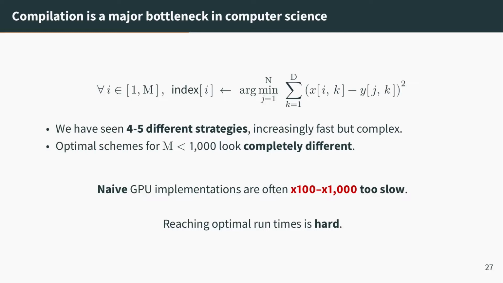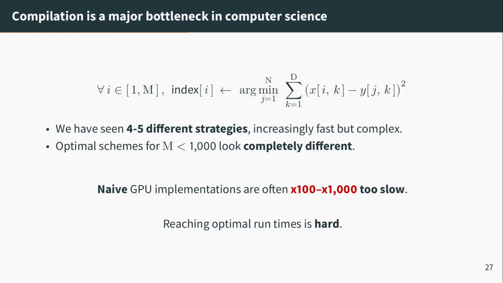Now, what we've seen already is that even one of the most simple scientific programs out there is already very hard to optimize, because you have so many different strategies. We have seen already four or five different strategies to compute a nearest neighbor query that are increasingly fast, but complex.